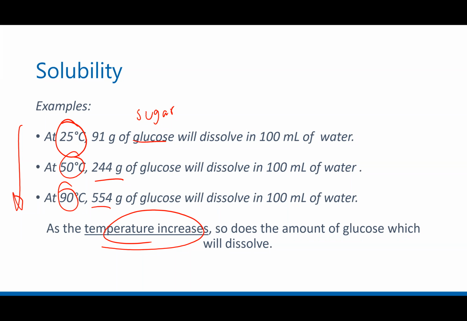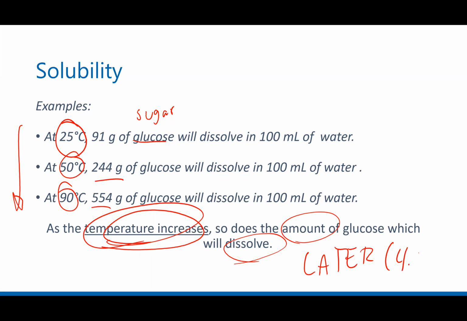At room temperature, put a tablespoon of sugar or salt in one cup, and then heat up the other cup of water, like in the microwave, or boil the kettle, and dissolve the same tablespoon of sugar or salt in the hot water. You'll notice that the hot water dissolves it much easier and much quicker. So the more we increase the temperature, the more solute dissolves. And again, I'm going to talk about this later in more detail in section 4.5.